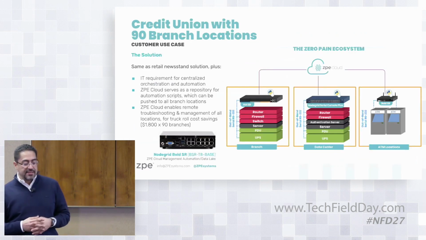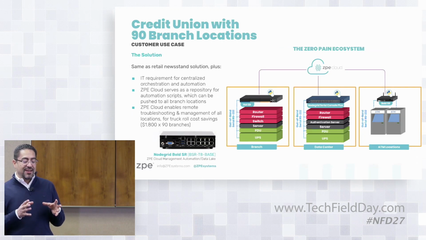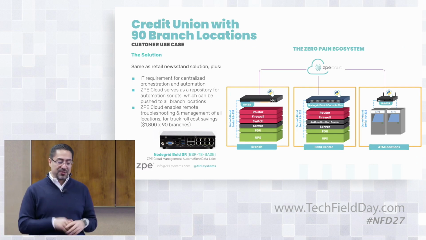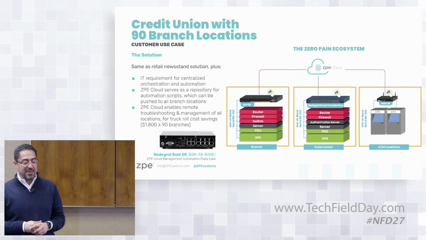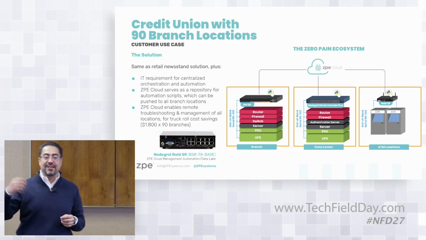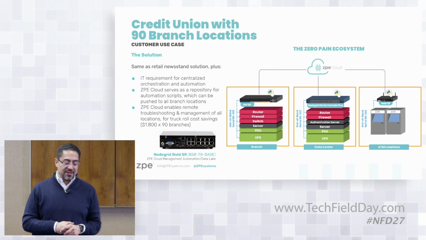Building on top of that is the credit union use case, where they have now a data center, a branch, and ATM machines. So they need different pieces of equipment to manage this, but they are all managed from the same system. And again, lean IT team. The goal of all of these customers is to really realize this dream of automation, which is usually for servers and cloud, because they're all Linux based.